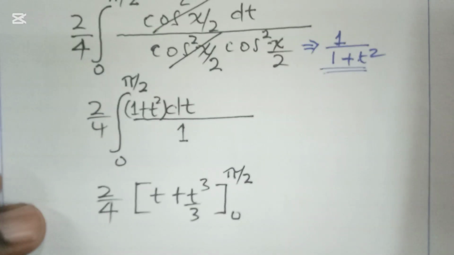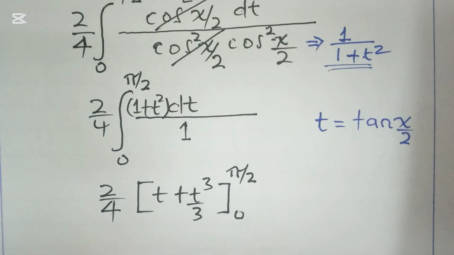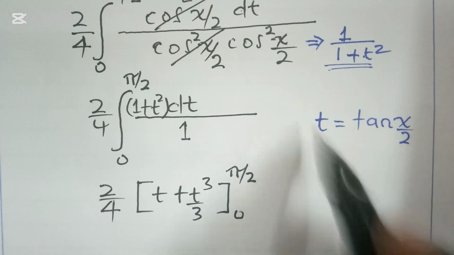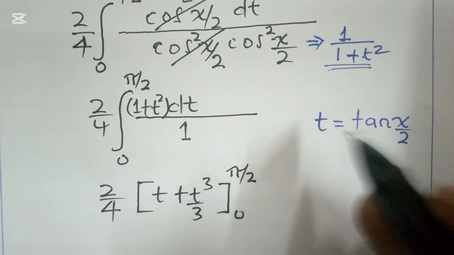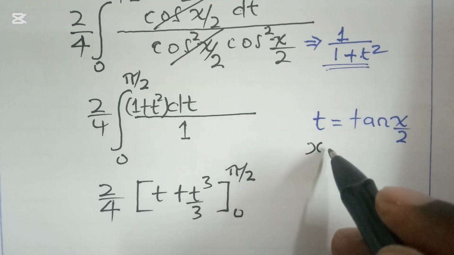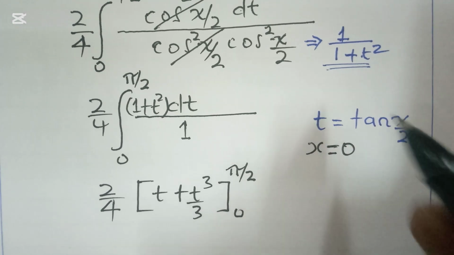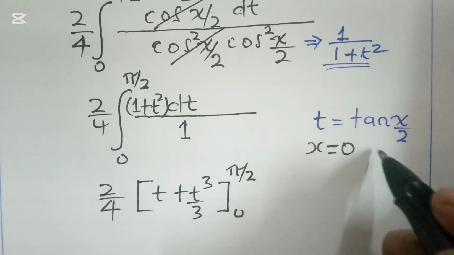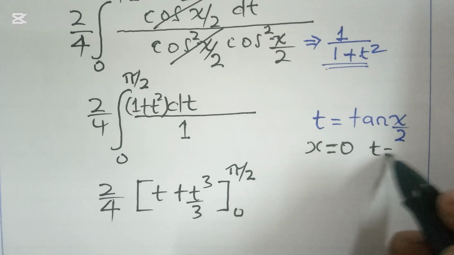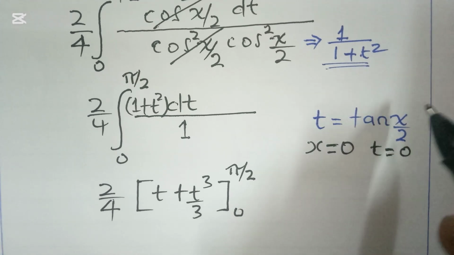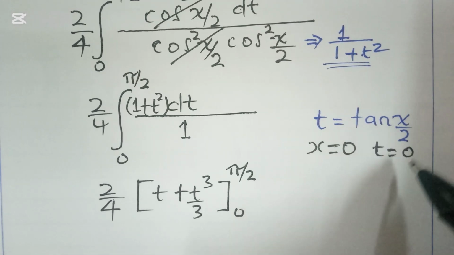With that, guys, when we put, using our substitution, x equals 0, our t should also be equal to 0. That is, if you find tan 0, it gives us 0.